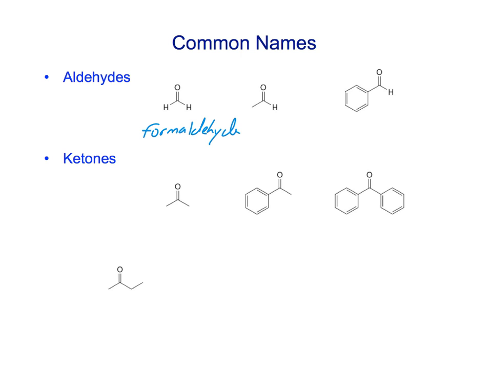The next one, so what would be the IUPAC name of formaldehyde? Methanal. Because it'd be methane, methanal. Right, so that would be IUPAC. Nobody usually calls it that, though.